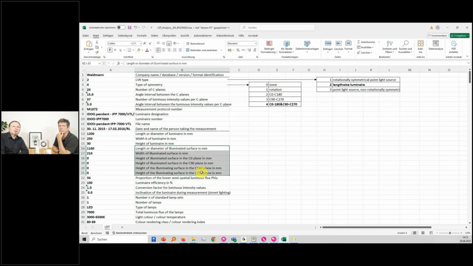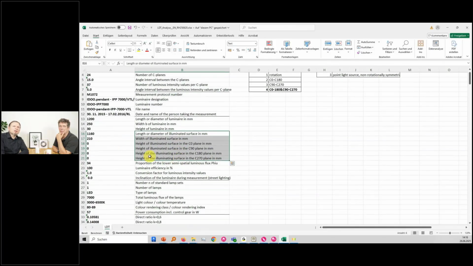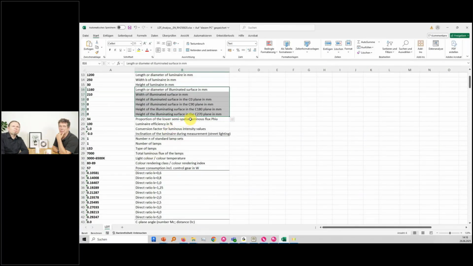And here we have the light output area, the illuminated surface, which is expressed here. And here we have some efficiencies. The direct part is here, and here we have the lamps. An Ulmert file has to have at least one lamp, but it can have a lot more lamps, and then this part here is repeating.